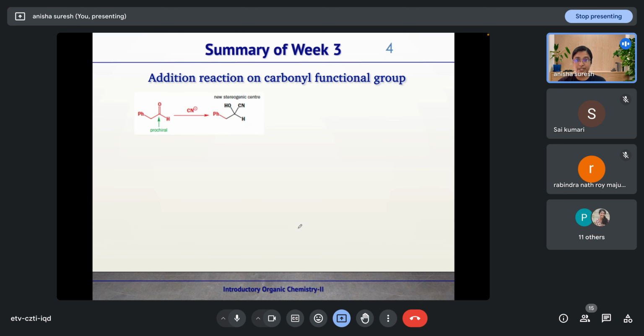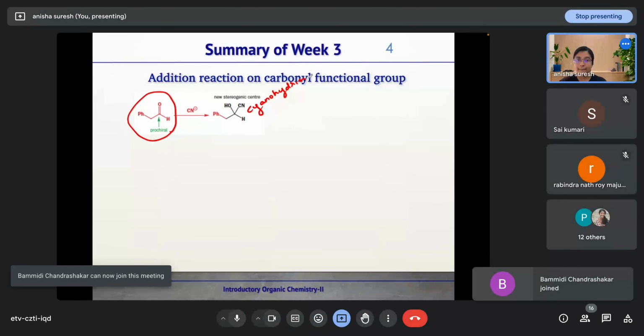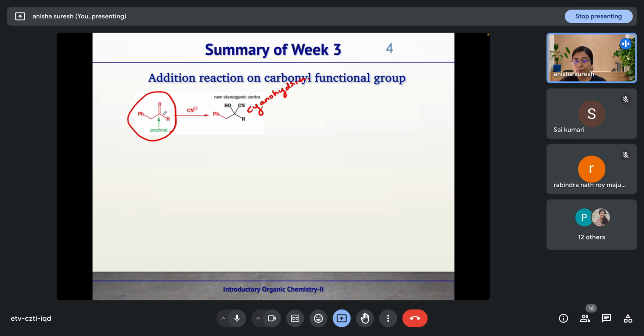Now coming to addition reaction on the carbonyl functional group, we can see here this is a carbonyl functional group, and CN minus is added, resulting in the formation of the cyanohydrin.